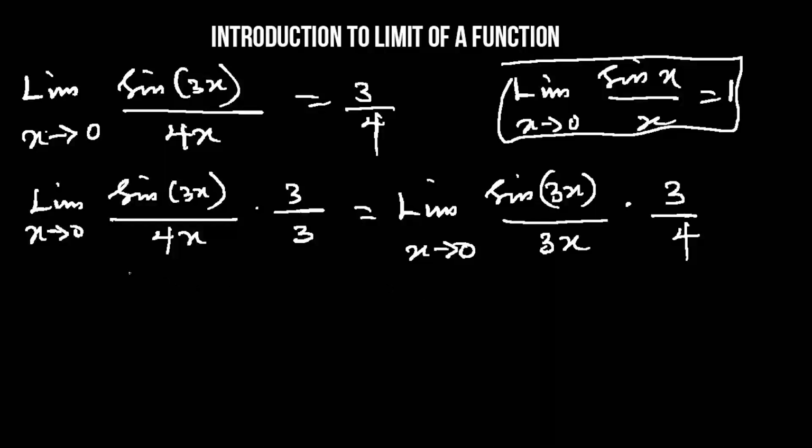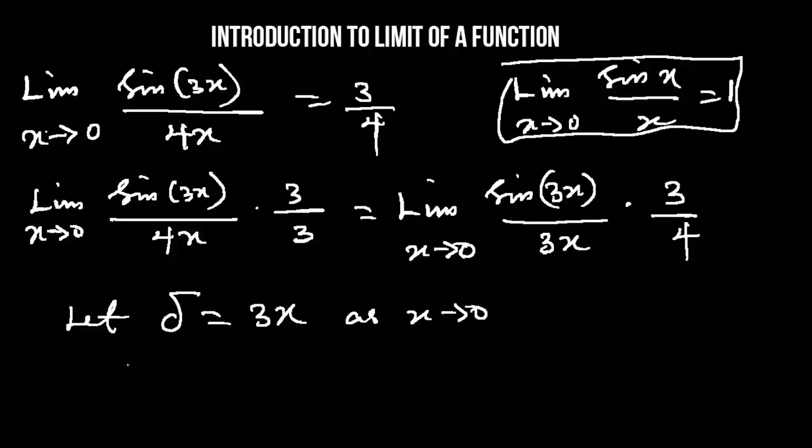However, there's something we can do. We can just say let delta equal 3x. So if delta equals 3x as x tends to 0, if I put 0 here, is delta going to be 0? Yes. If I put 0 here, delta will be 0.